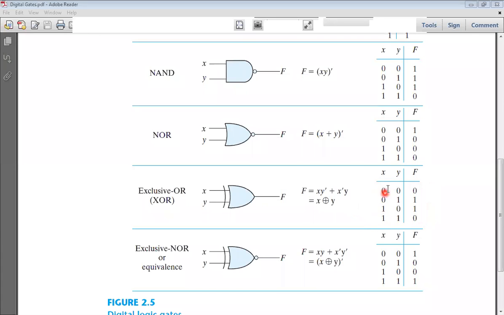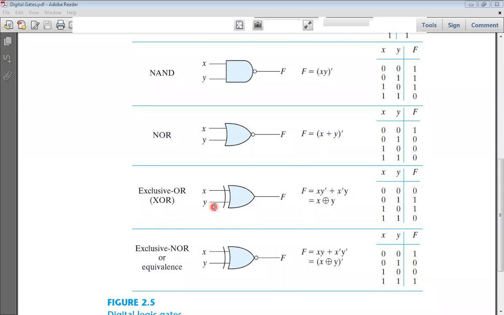If you look at this truth table closely, you can say that if both inputs are the same, irrespective of whether they are 0 or 1, see here, x is 0, y is 0, or x is 1, y is 1, then the output is 0.